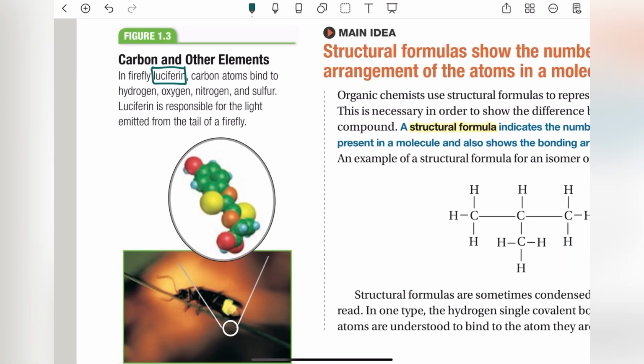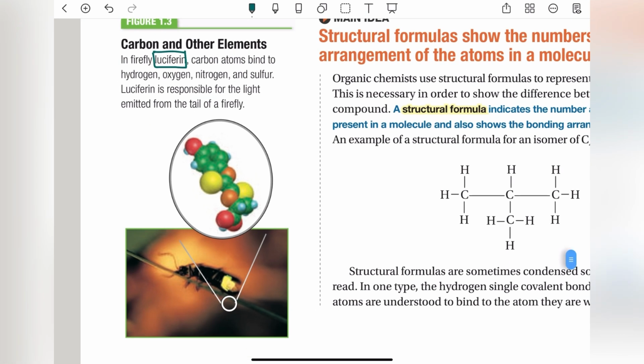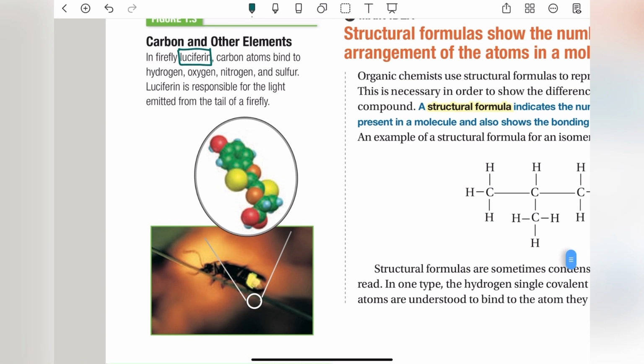So I just want to give a little more detail on this. How fireflies get their light. I know it's very interesting to me. Luciferin is the light-emitting compound that we're talking about here, and the way it gives light to a firefly is because it oxidizes.